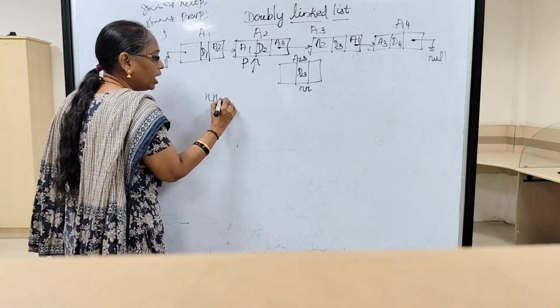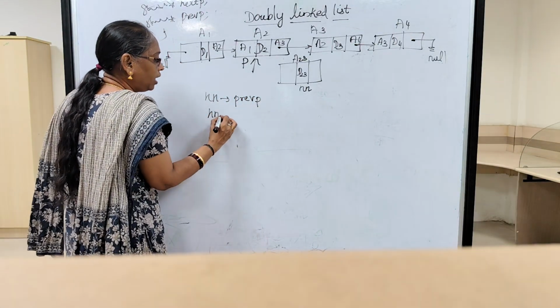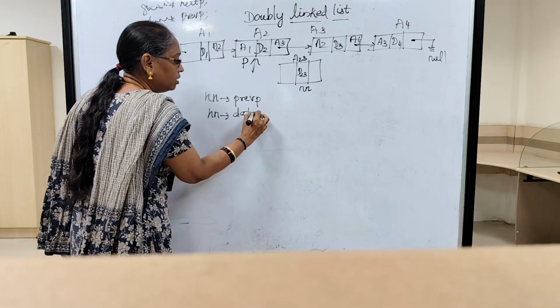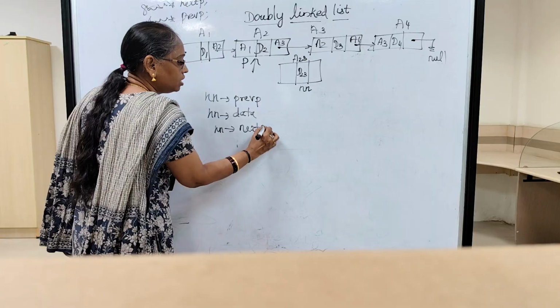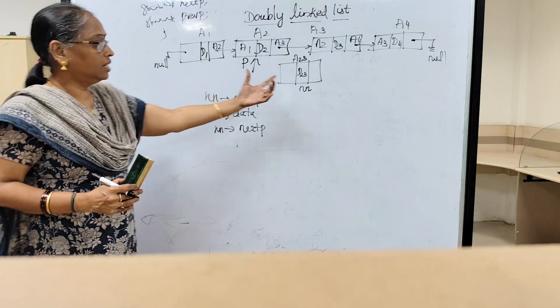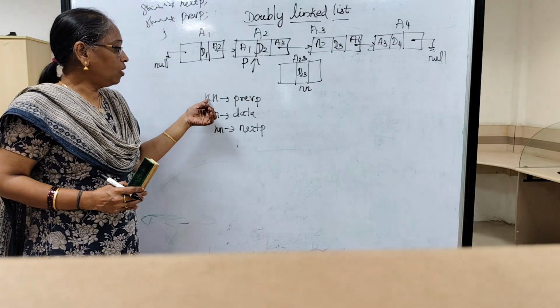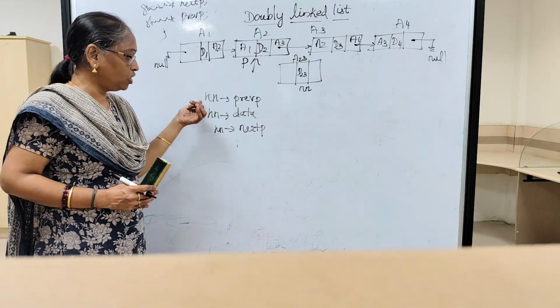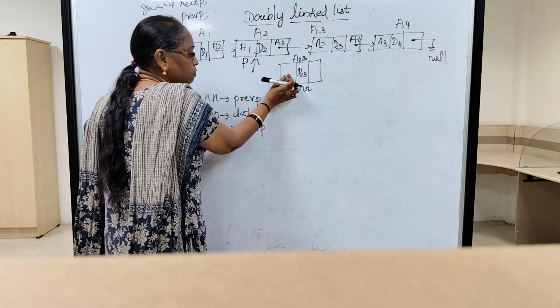So I have NN of previous pointer, NN of data and NN of next pointer. So these three will be the data in the new node. Already I loaded D23 as the data of this NN. Now I have to load what is previous P of NN and next P of NN, right? So what should be the previous P of NN?